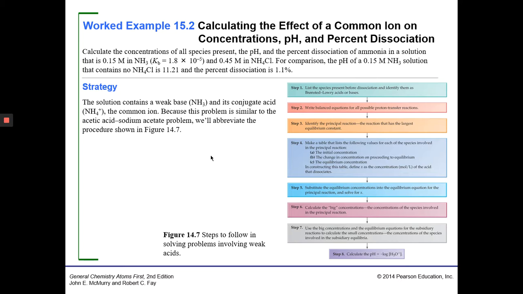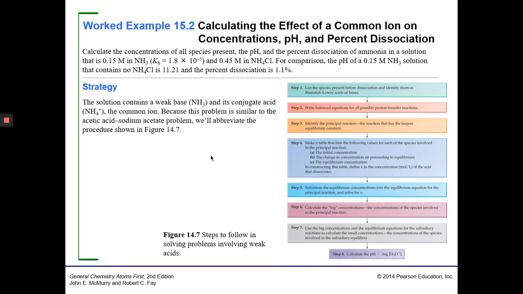Make a table that lists the following values for each of the species involved in the principal reaction: the initial concentration, the change, the equilibrium concentration, so in other words, an ice table, and we would define X as the concentration of the acid that dissociates.